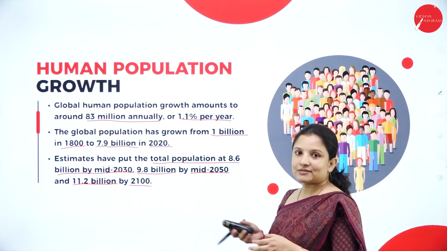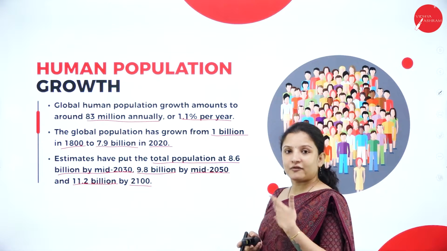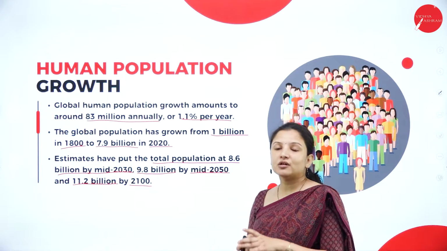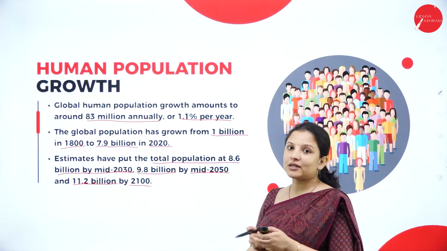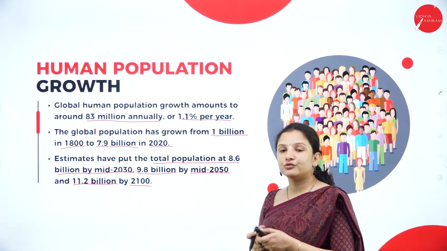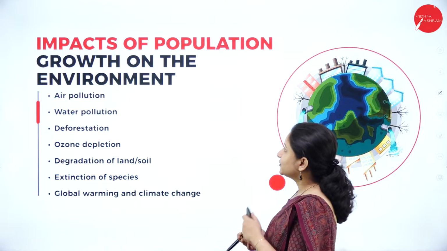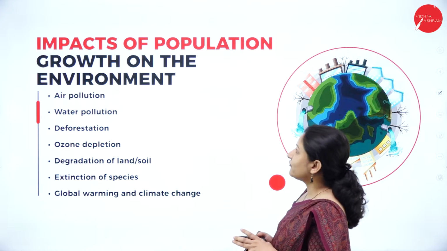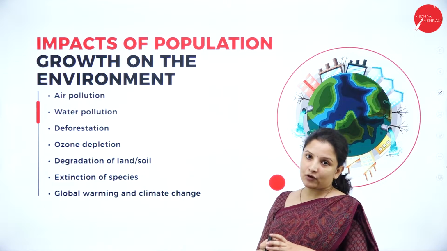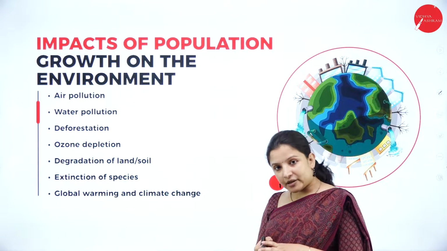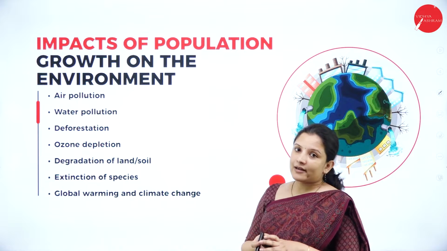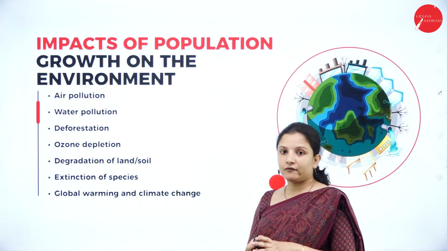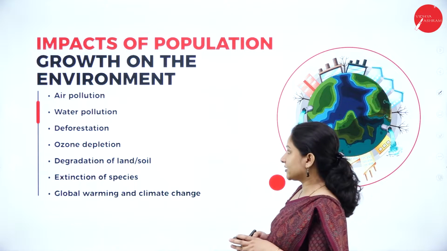This drastic increase in population in the future can pose a lot of problems to the environment and also to human beings. So let's understand what the impacts of population growth on the environment are. Because if the environment gets affected, the organisms living in that environment also get affected.